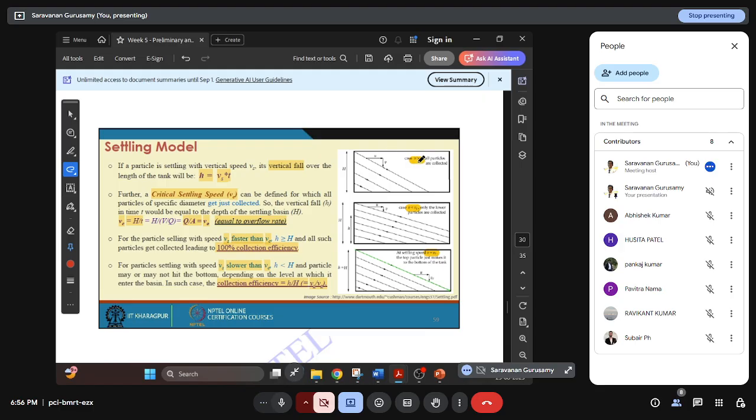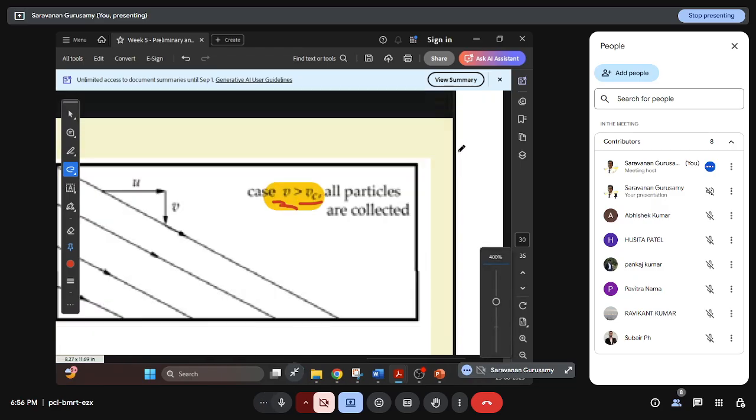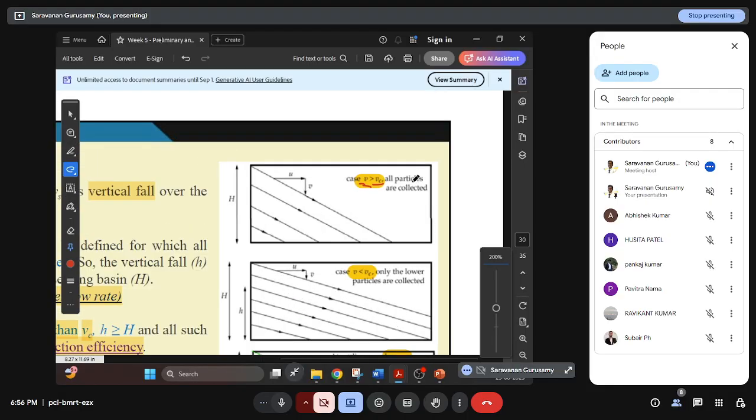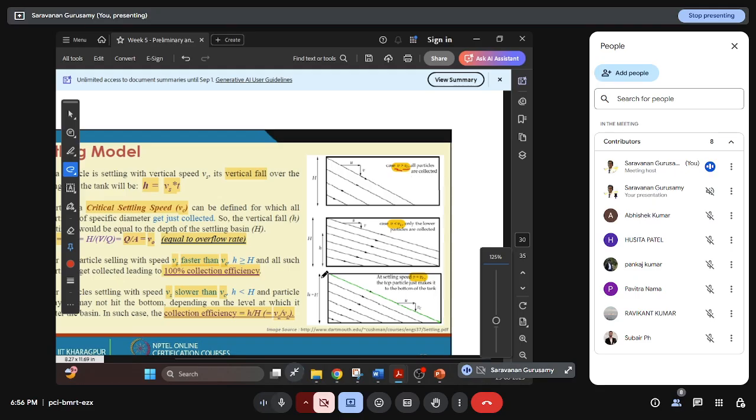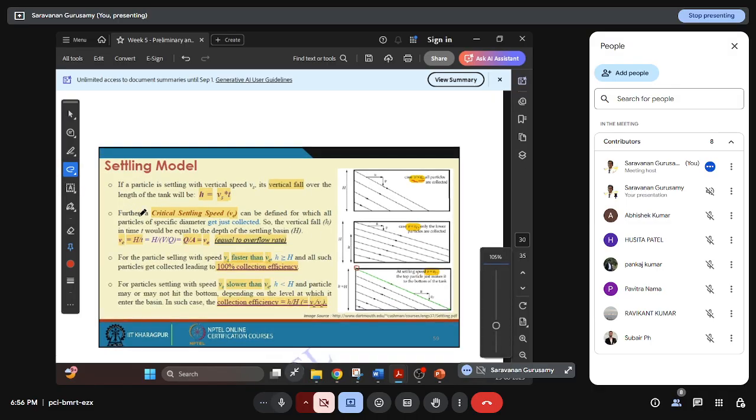If the settling velocity is greater than the flow velocity, I will zoom in. The critical velocity is the one where the top particle that entered the system, you can see here, with a specific diameter, just gets collected within the vertical height h in time t.